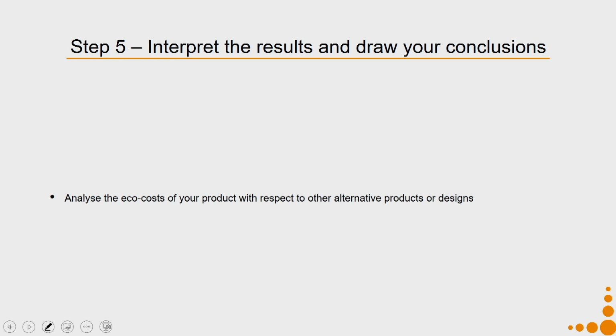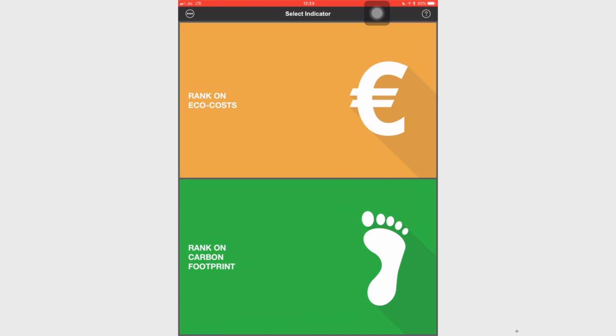So, let us see how we will do these 5 steps on our software. We will take our context and start from our system definition. Our system definition was for the PET bottle.